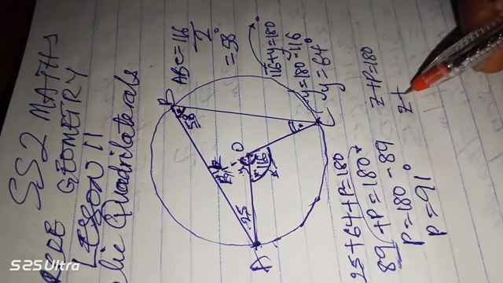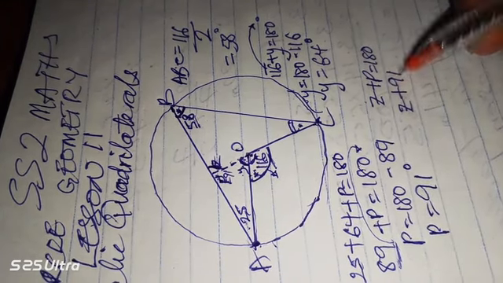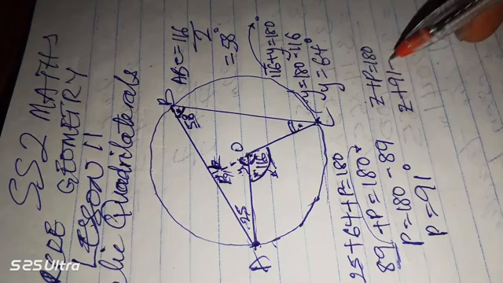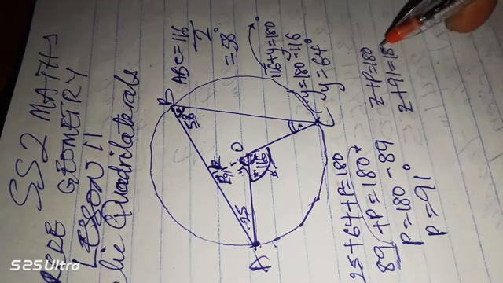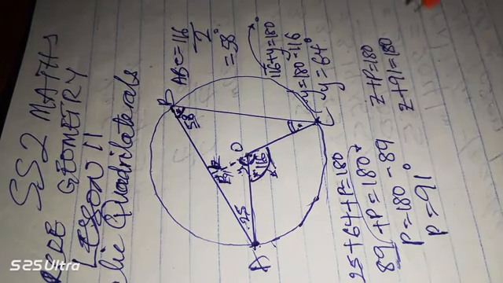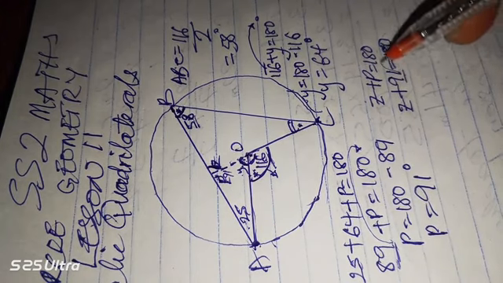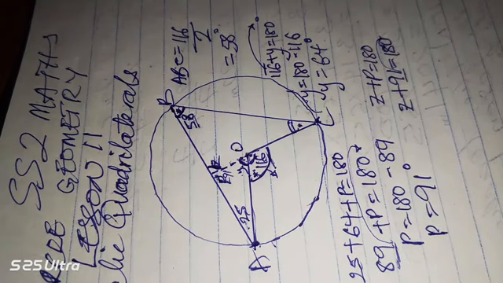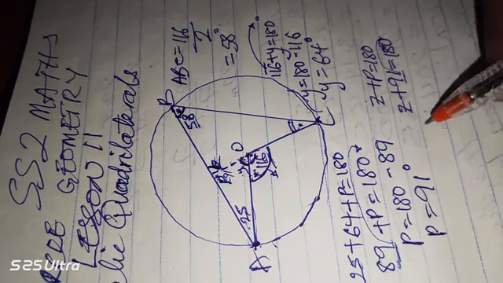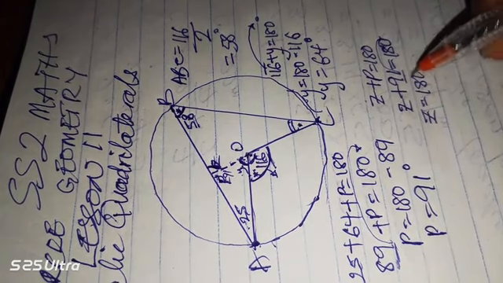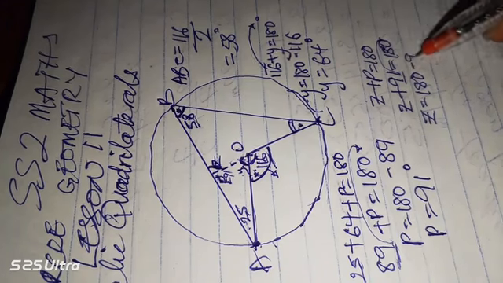Angle Z plus 91, because angle P we got as 91 degrees, equals 180 degrees. We'll collect like terms. This 91 will cross to the other side and become negative. So angle Z is equal to 180 minus 91.